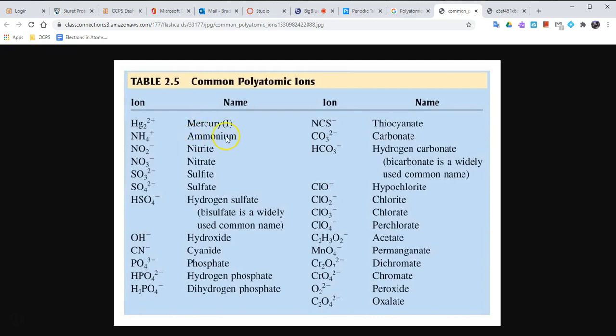They're going to be ammonium, which is NH4, nitrite, nitrate, sulfite, sulfate, hydroxide, phosphate, carbonate, chlorite, chlorate, acetate, permanganate, and then dichromate and chromate. Oh, and then permanganate. This one's really fun. Alright, and I'll show us a reaction with that one.